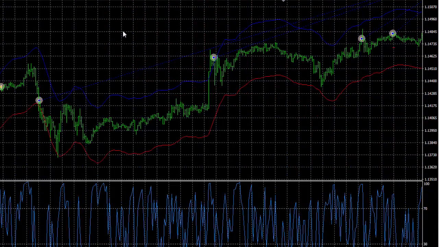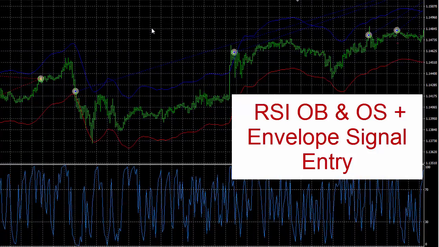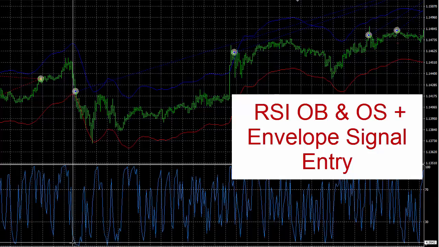So the next signal we're going to be looking at is the RSI overbought and oversold when used in conjunction with the envelope signal. The entry conditions have been met for this particular buy signal on your screen. Let's have a look at it. It has gone through the lower envelope, and at the same time, if we line that up, it has gone extremely oversold.